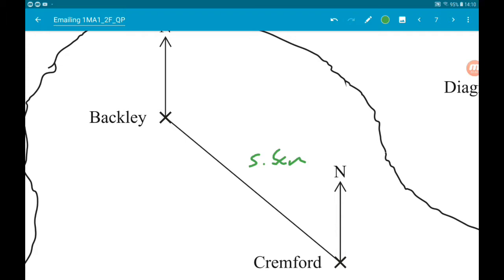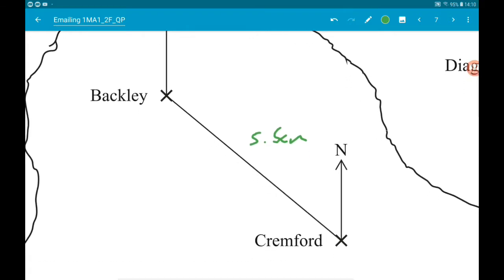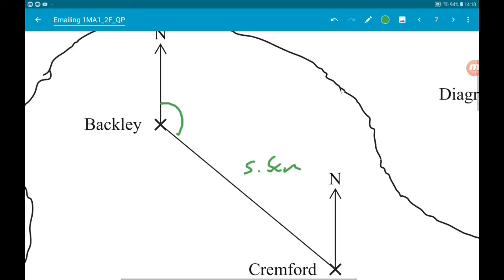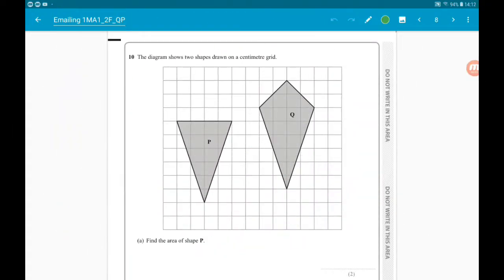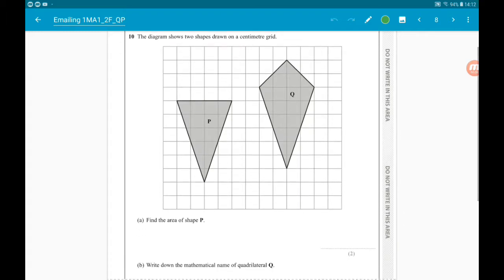So if we want the bearing of Cremford from Backley, we need to measure that angle, and if you do that, you will get 130 degrees.